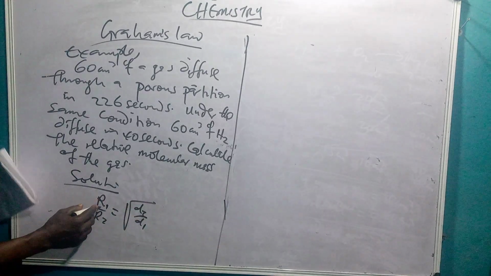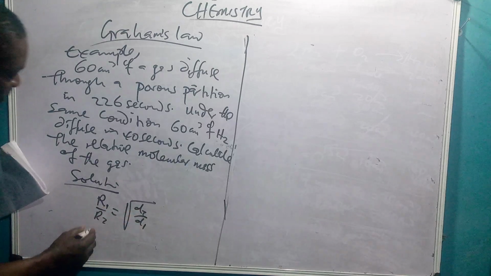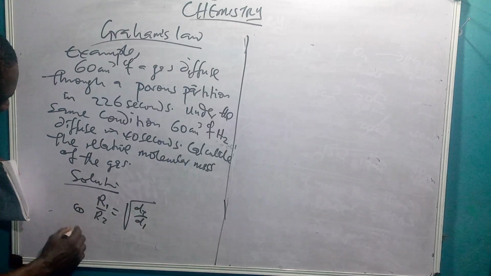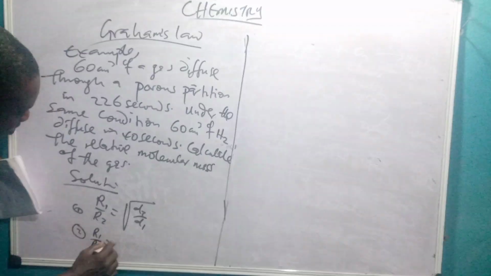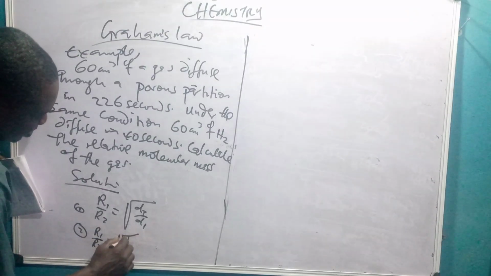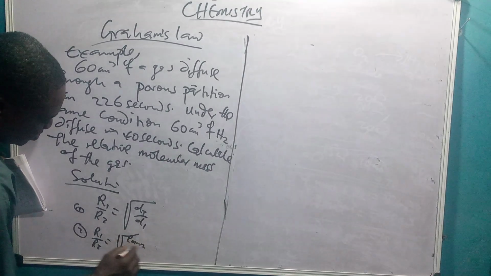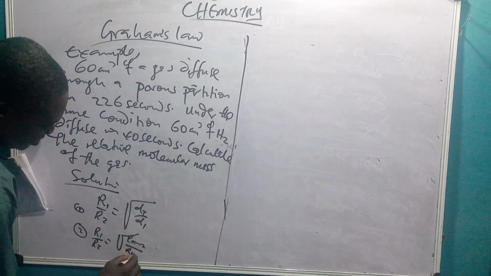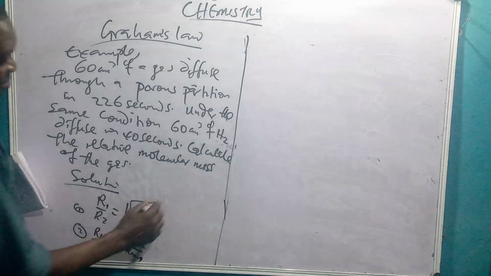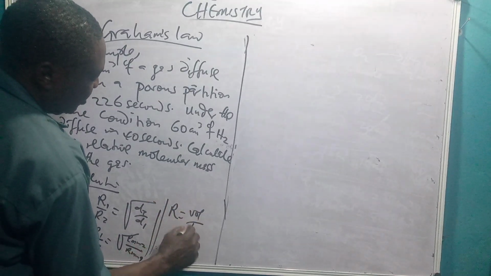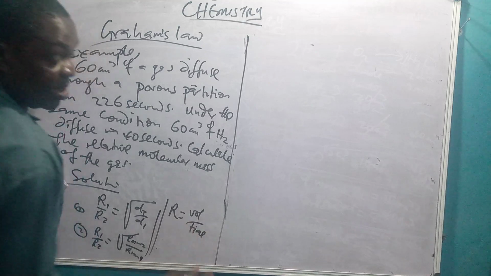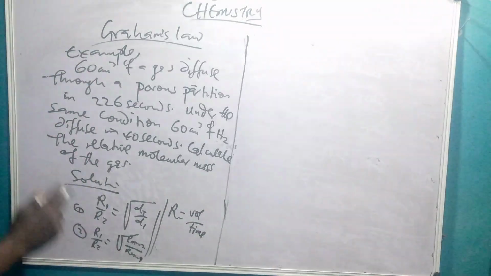Then the second one is R1 over R2 equals square root of relative molecular mass of gas 2 over relative molecular mass of gas 1. Then finally, rate equals volume over time. Have this, you can solve all questions that come out of this topic.